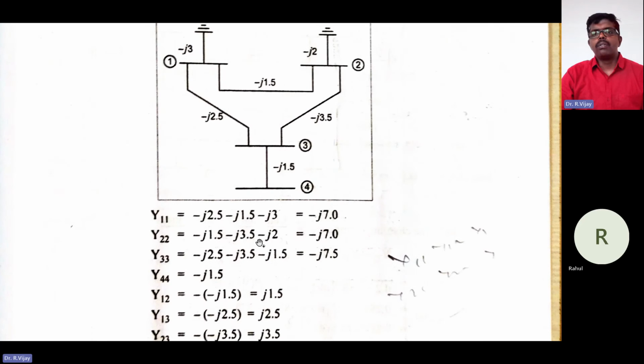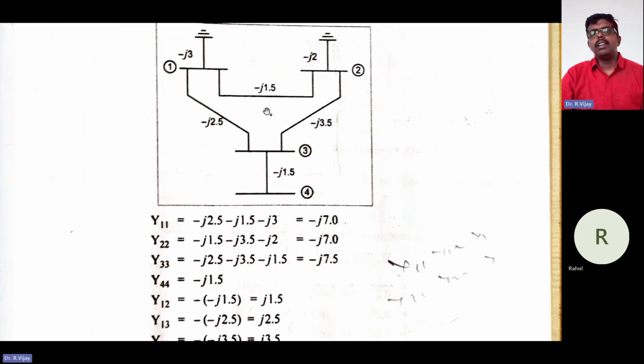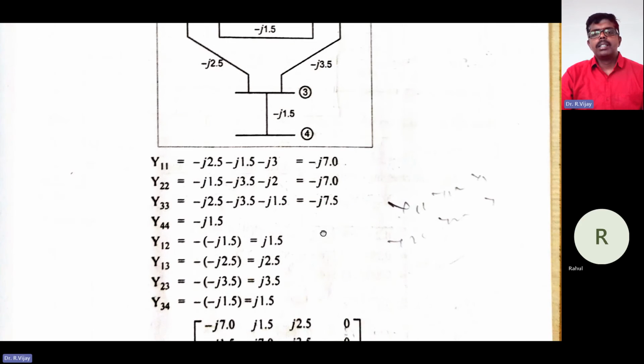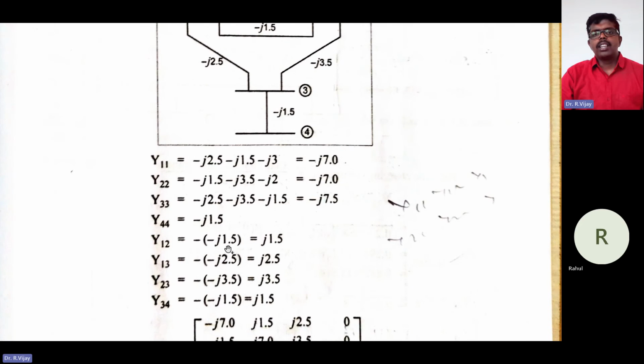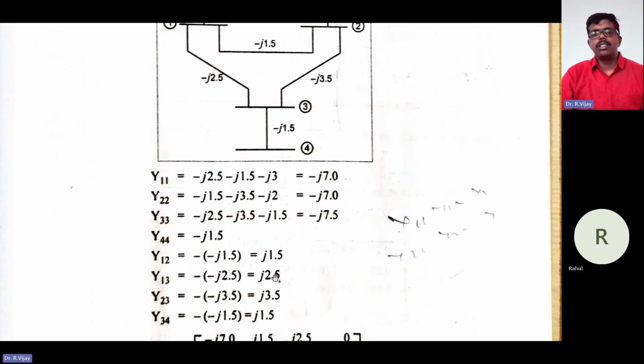Y44 has no other values, only minus j into 1.5. Y12 is minus of that value, minus j into 1.5. Similarly Y13 is minus of j into 2.5, that is j into 2.5.